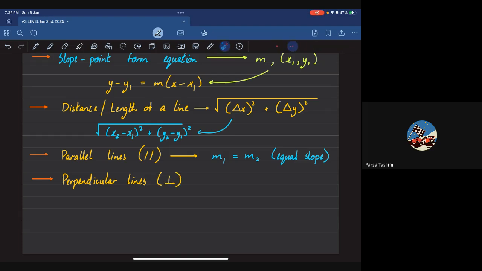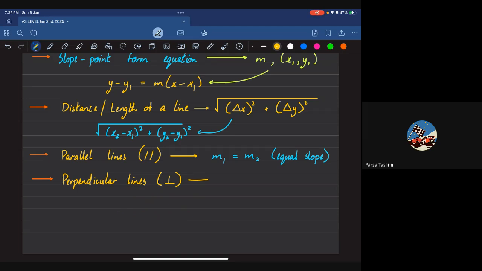To symbolize two lines which are perpendicular, you draw an inverted T, because this inverted T just showcases that two things have a 90-degree angle. So A is perpendicular to B. I can write it like this.